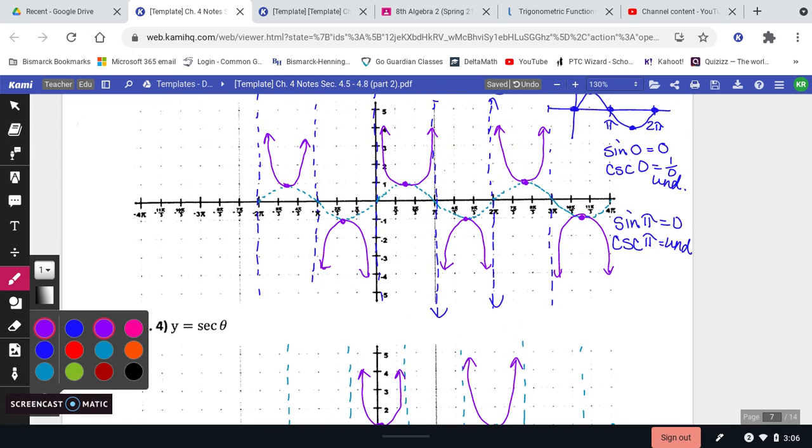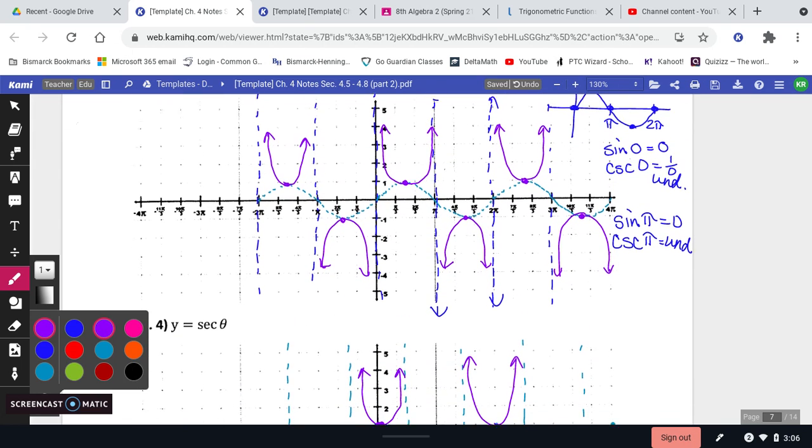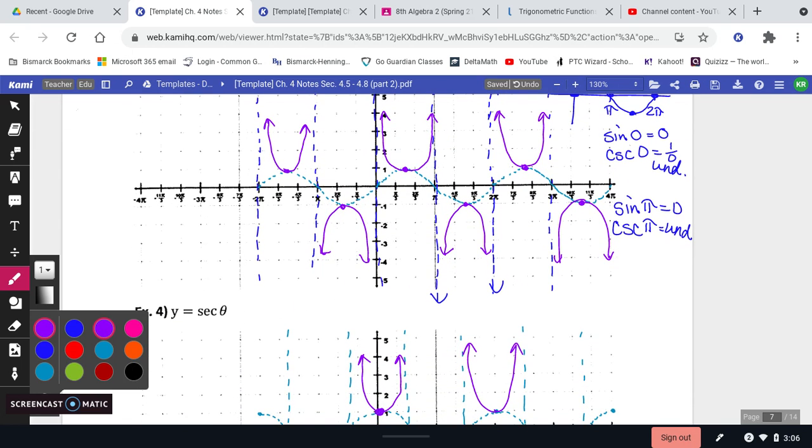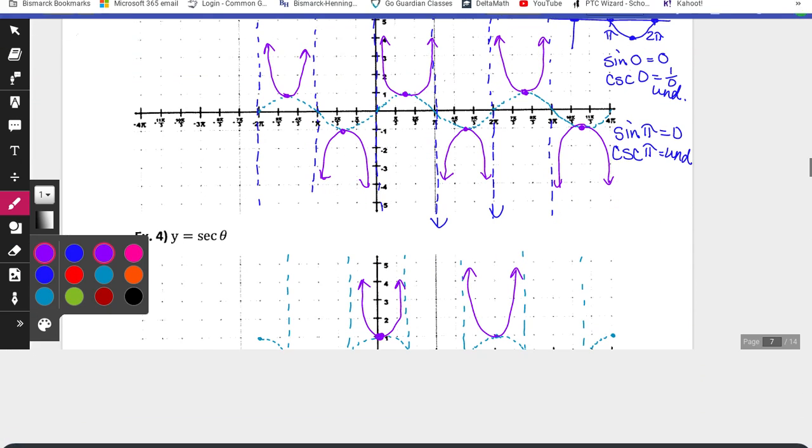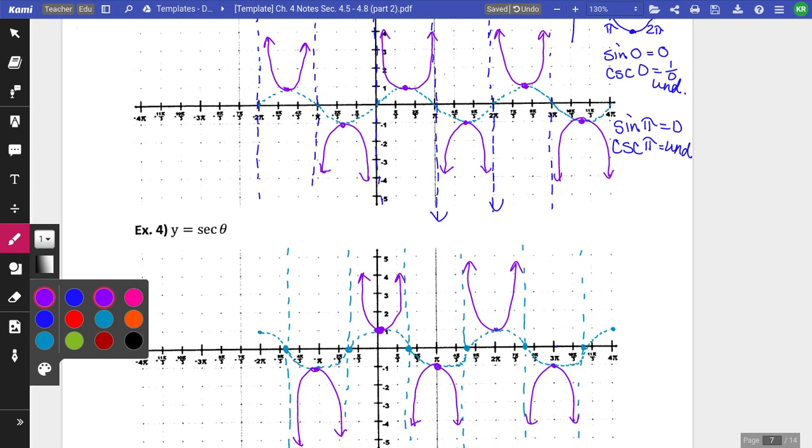So your cosecant and your secant curve really look very, very similar. They're just a horizontal shift. If you shift one over, it'll match up with the other one. Same way with your sine and cosine. If you shift the cosine over pi over 2, it's going to match up and look like a sine curve.